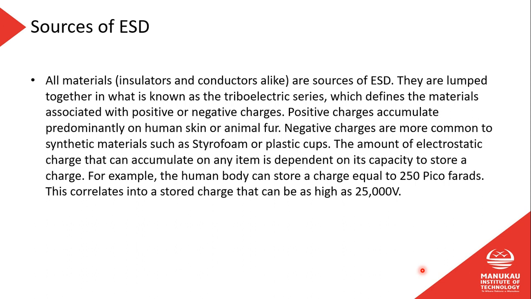That means a very, very high voltage, but a very, very small amount of energy. A picofarad is 1,000 times less than a microfarad. So a tiny amount of energy at a very high voltage. The voltage is why it hurts when you get that shock, but 250 picofarads is why it doesn't do any significant damage to you.